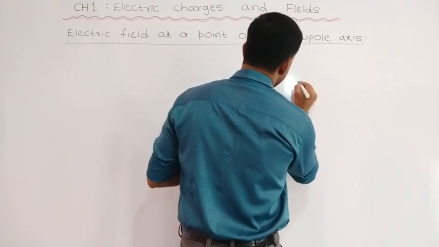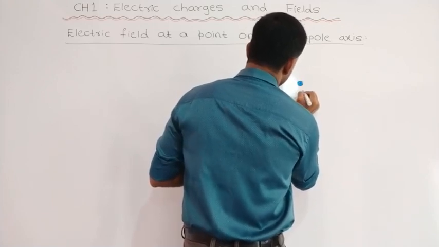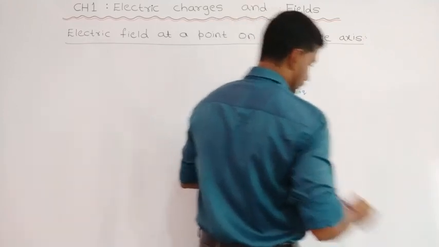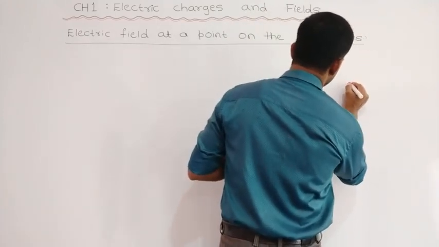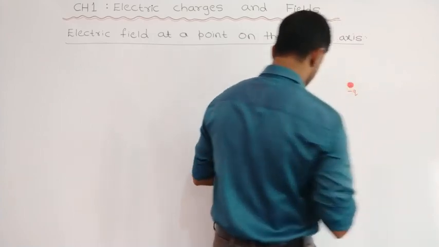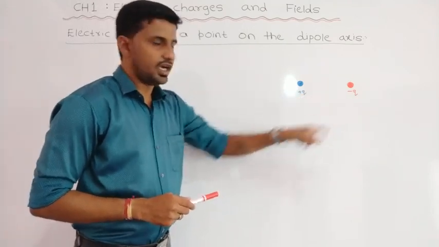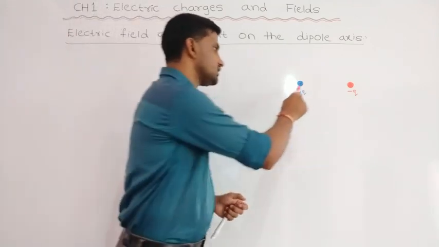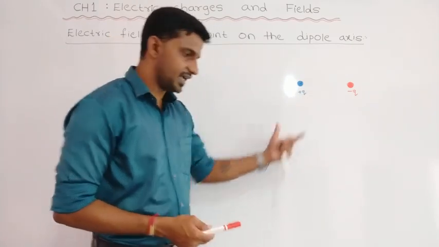Here I am considering one positive charge plus Q, and here one negative charge. These charges are called a dipole, and they are separated by a distance. Both the charges have equal magnitude.